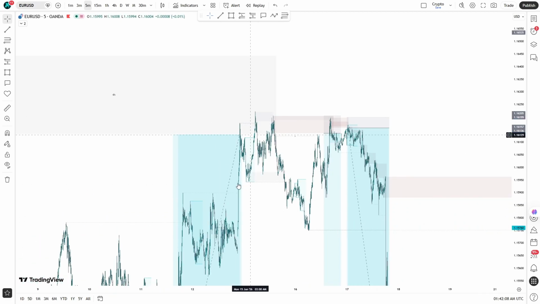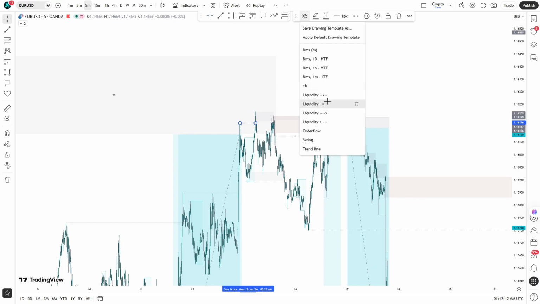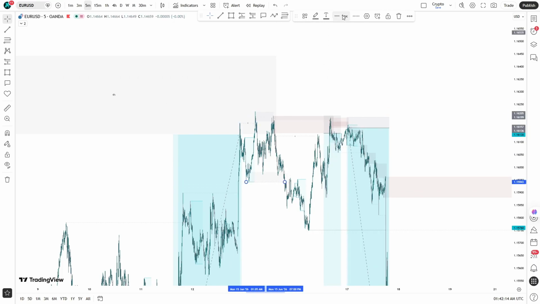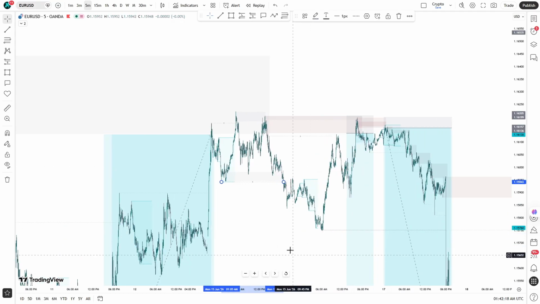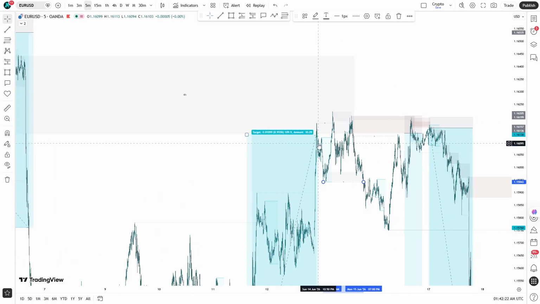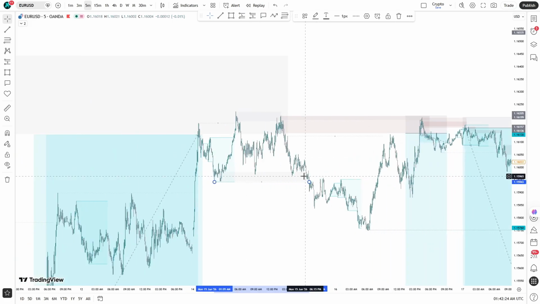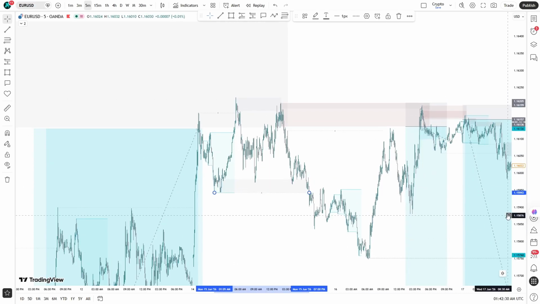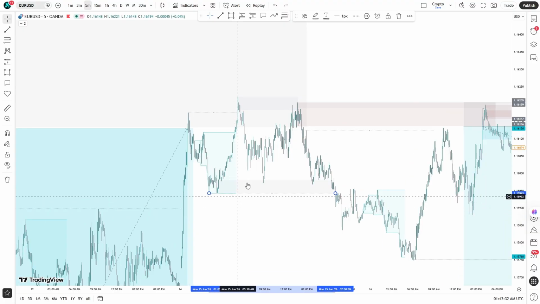So we had another change of character here too, on the lower time frame. Mark it up. Now this is it. We mitigated this 4 hours demand earlier. Then the market came down a bit and created it again.